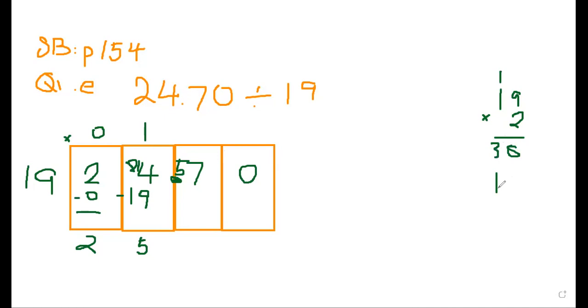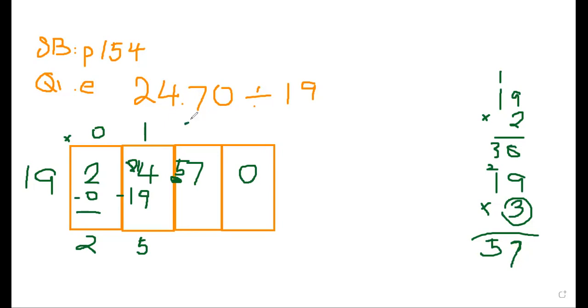So we can go 19 times 3. 9 times 3 is 27. Carry 2. 3 times 1 is 3, plus 2 is 5, so 57. So I'm going to take 3 because 19 times 3 is 57. Therefore, 57 divided by 19 is 3.